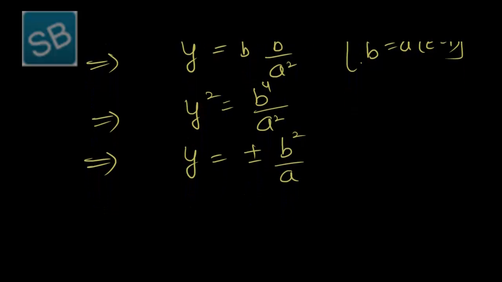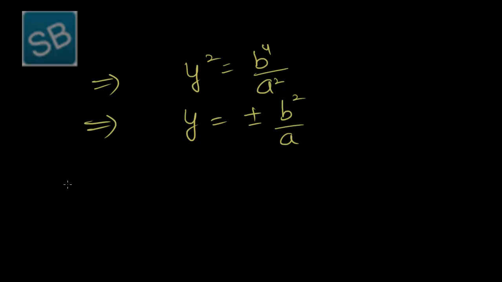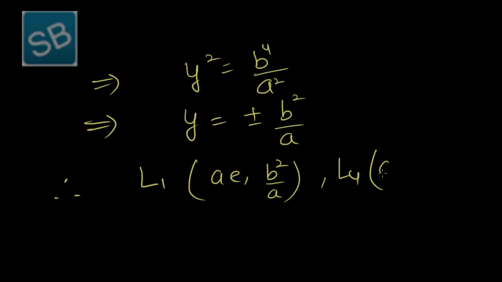Therefore, the coordinates of L1 are (ae, b square over a), and L4 are (ae, -b square over a).